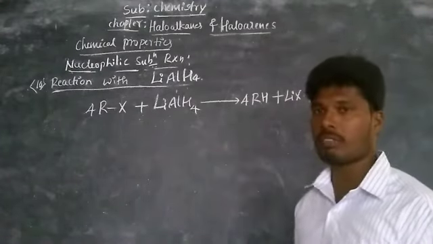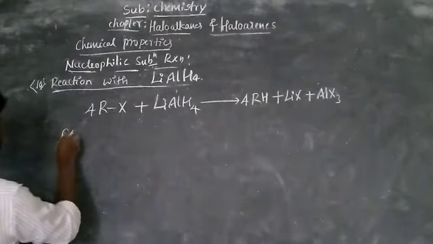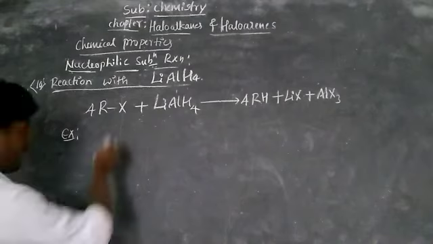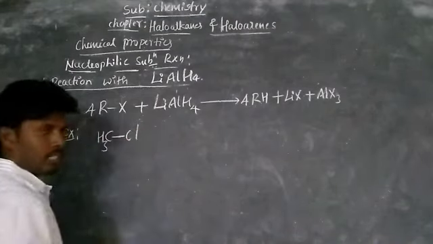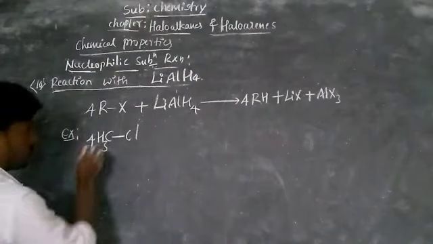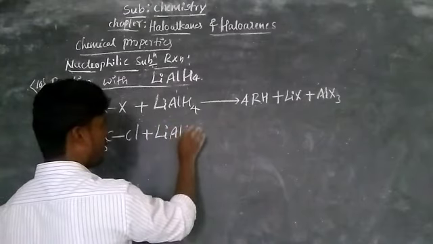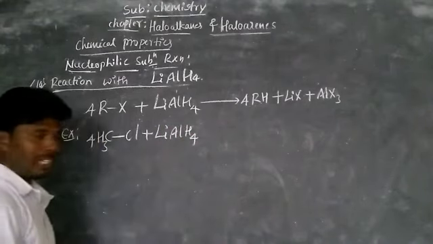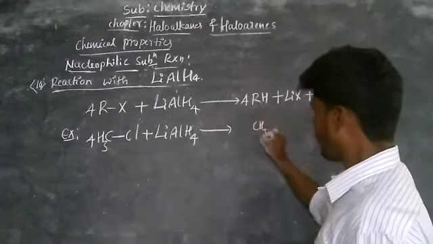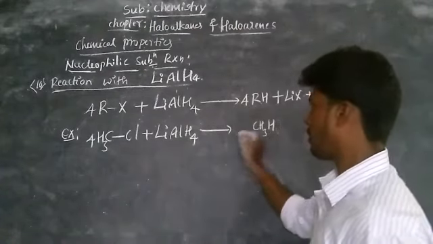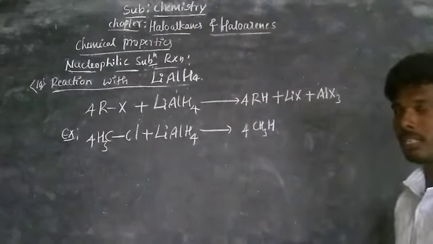This is the reduction of alkyl halides using lithium aluminium hydride, and we call it reaction with lithium aluminium hydride. And take an example: in place of R take CH3 and in place of X, Cl, with 4 equivalents. Lithium aluminium hydride is the reagent. So what you get here? CH3 and H becomes CH4, right?